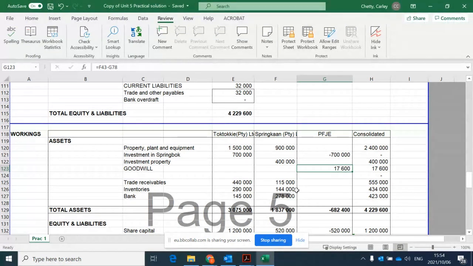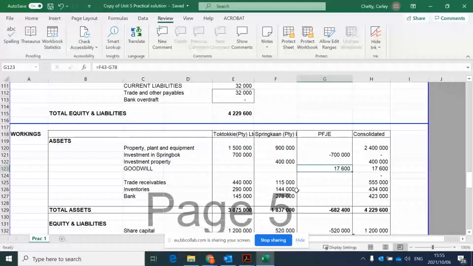Okay, well, if you think about what we're doing, we have to have goodwill in our statement of financial position. So the goodwill would have been recorded on the 1st of January, which is the beginning of the year. So it's correct to write 22,000 Rand being the goodwill, and then to show that that goodwill was amortized.